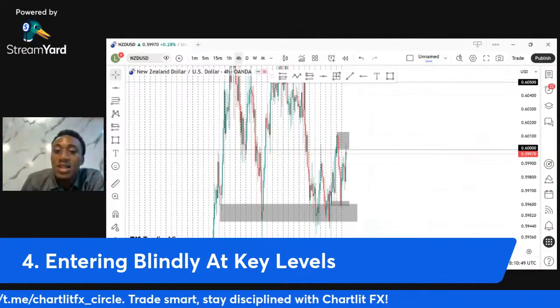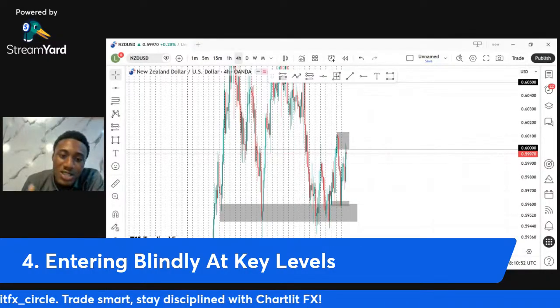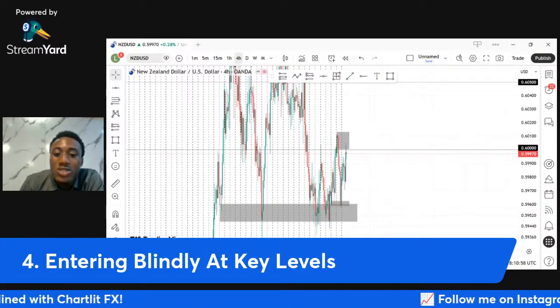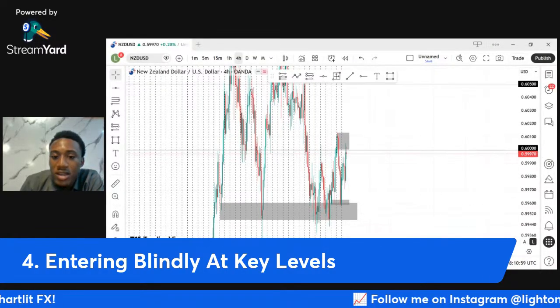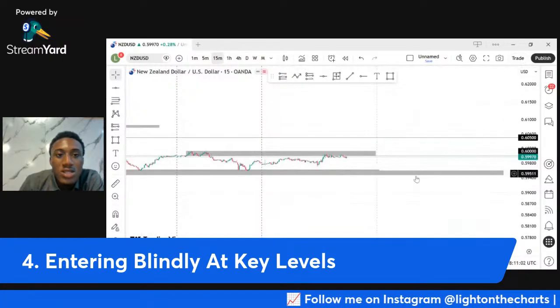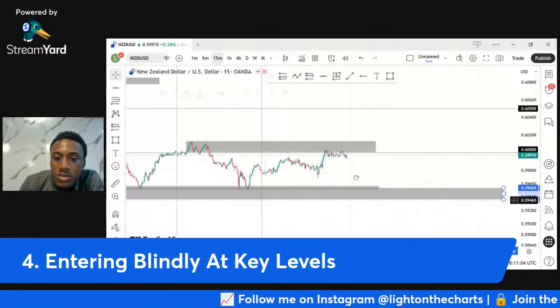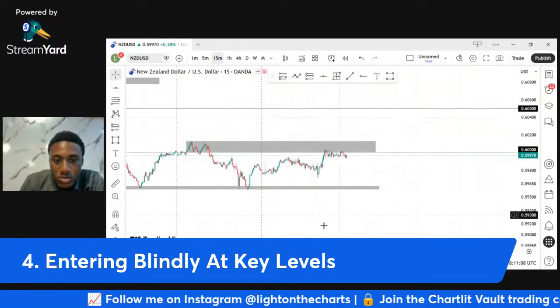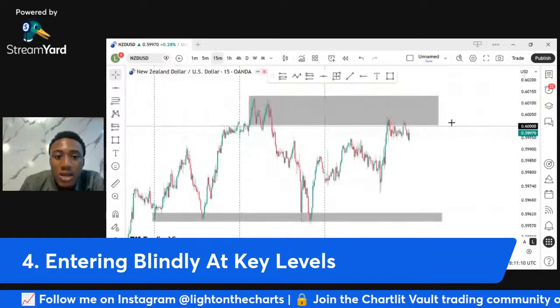Like I've always said, the candlestick gives us confirmation on what is actually happening. The key level tells us the location, the candlestick gives us the confirmation. Like right here now, let's go to the smaller time frame. Get rid of this one. So some people just enter blindly.